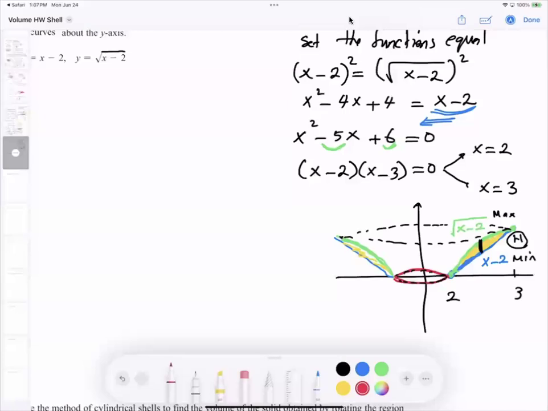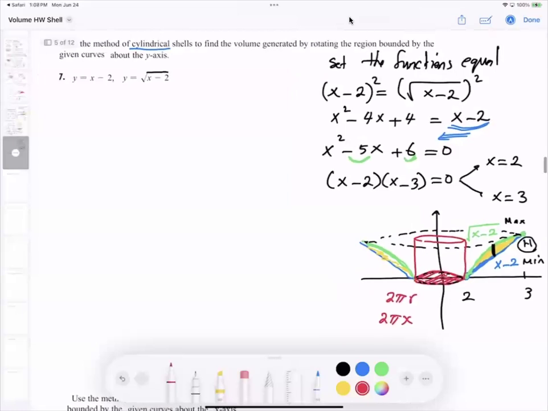So if we look at the typical shell here, the circumference of the base is 2 pi r, but r is equal to x. So this is your circumference. Let us go back to our volume formula using the shell method. This is the definite integral. My x is bounded between 2 and 3. My x has a minimum value of 2 and a maximum value of 3.